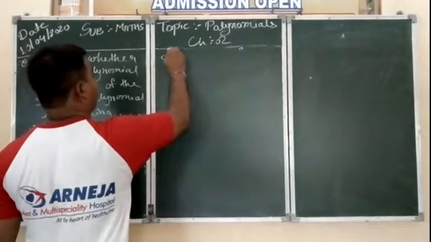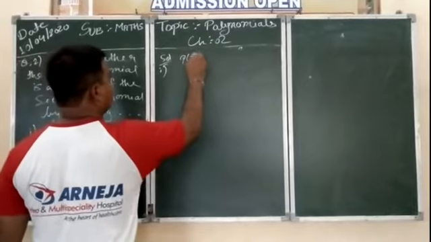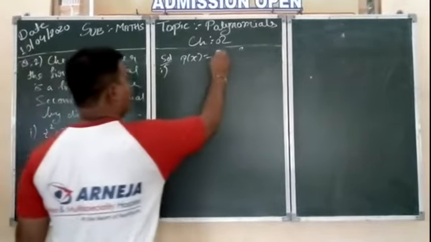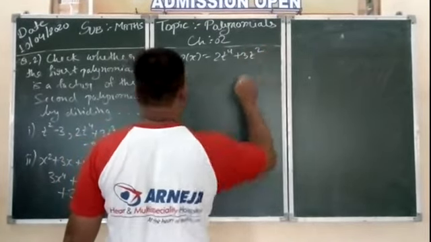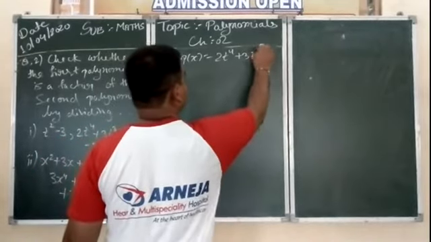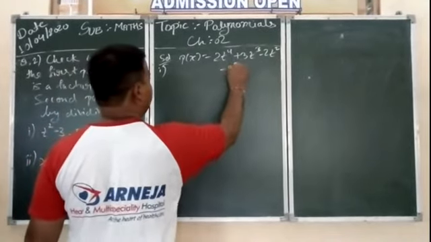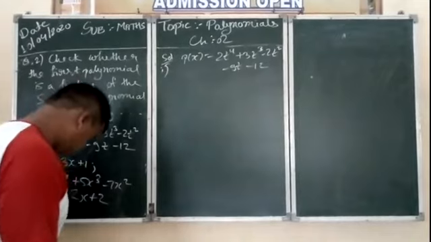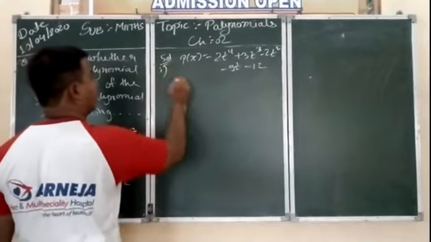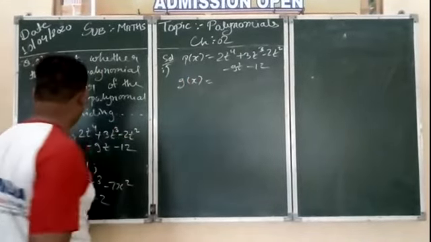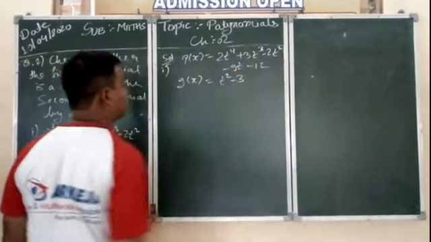So solution: p of x is given as 2t raised to power 4 plus 3t cube minus 2t square minus 9t minus 12, and g of x is given as t square minus 3.